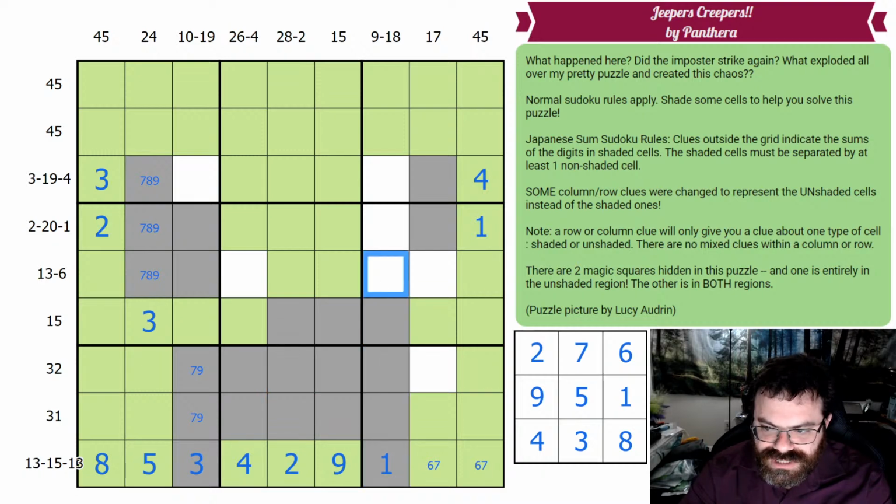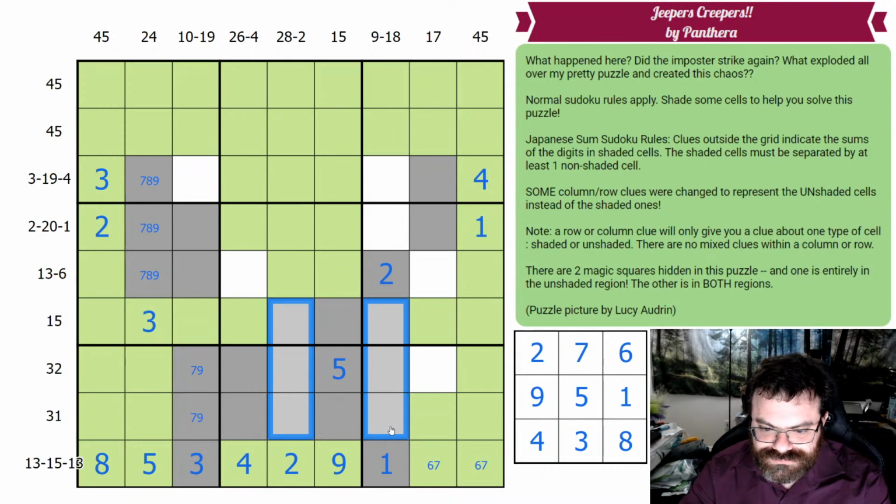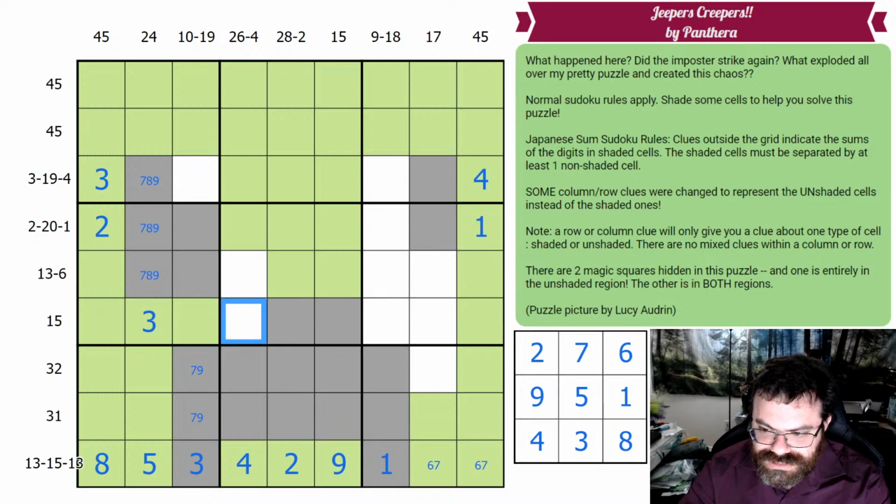This would have to be gray and a 2. And then there's nowhere to put evens in the corners. Where does 2 go? 2 has to be in one of these corners, and it sees both 2s. So it's not there. So it is here, as we thought, and I think we've proven it now.